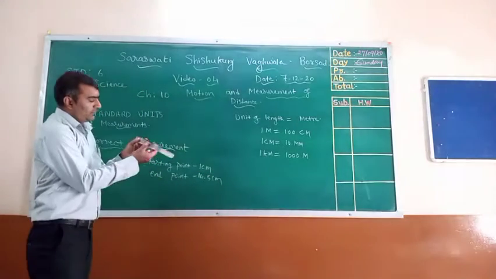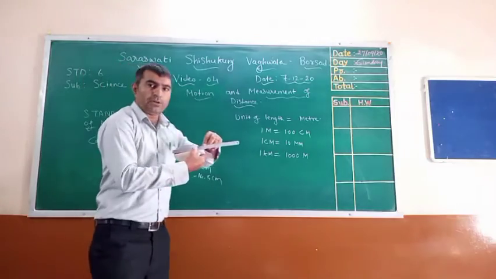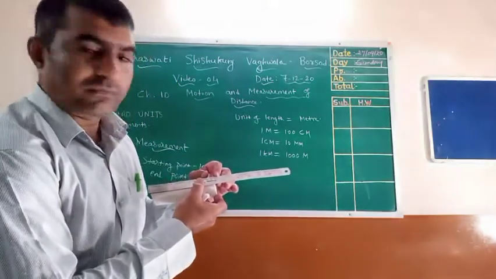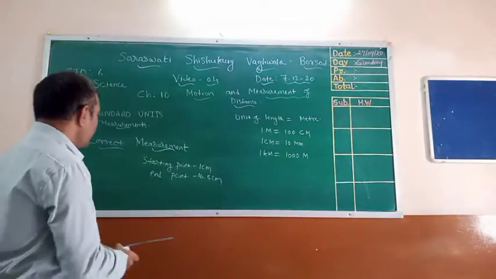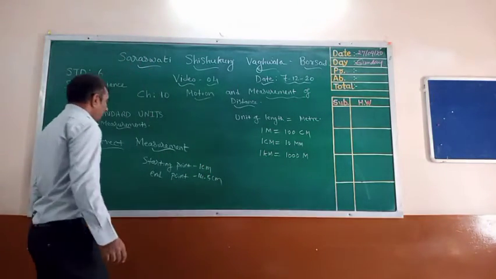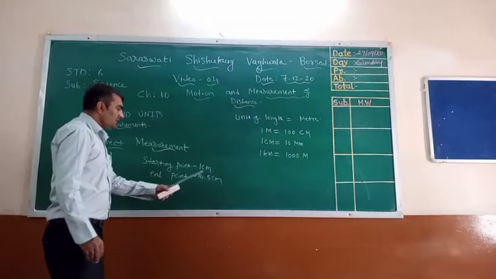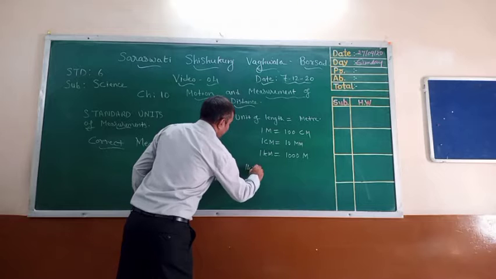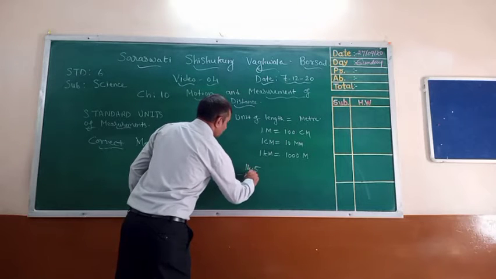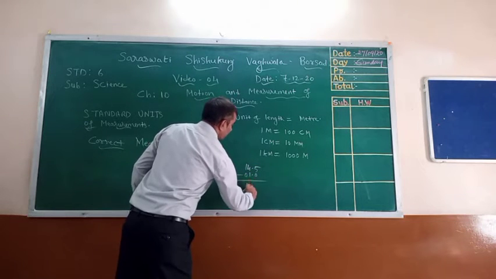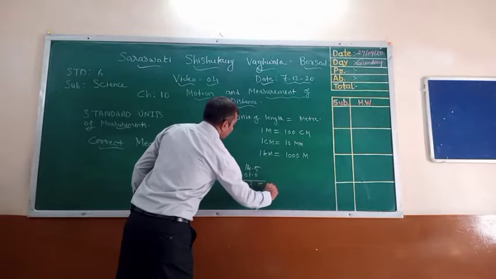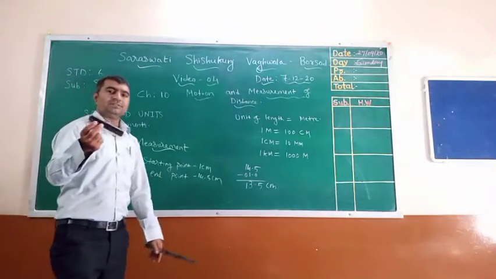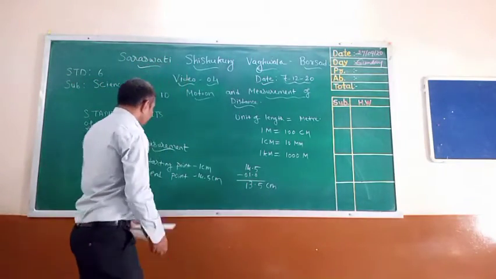We'll note this down and then subtract 1 centimeter from 14.5 centimeter. 14.5 minus 1 is equal to 13.5 centimeter. Means the length of this duster is 13.5 centimeter.